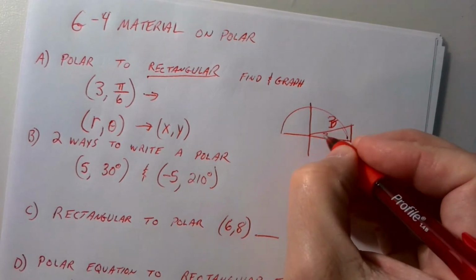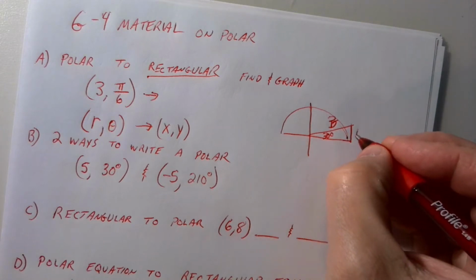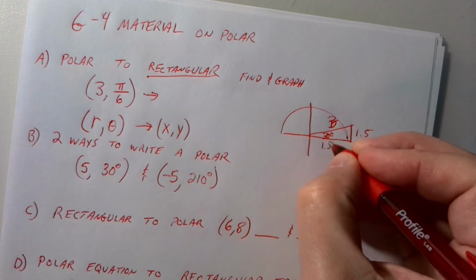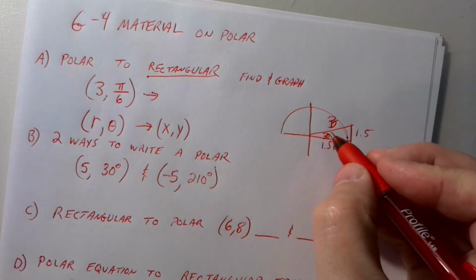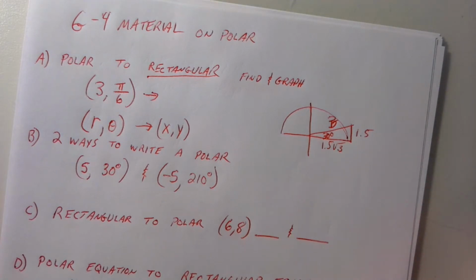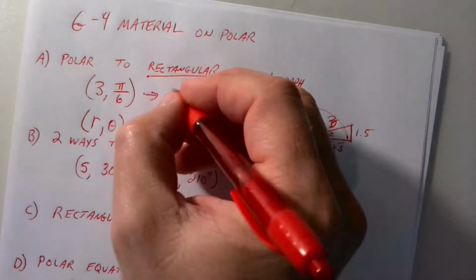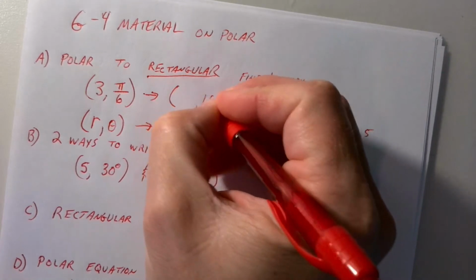And then if that's 30 degrees, we know that this is 1.5, and this is 1.5 times the square root of 3, because it's a 30, 60, 90 triangle. Now, I can also do this a couple different ways, and let me go ahead and throw that in there first. I believe the y value is 1.5.